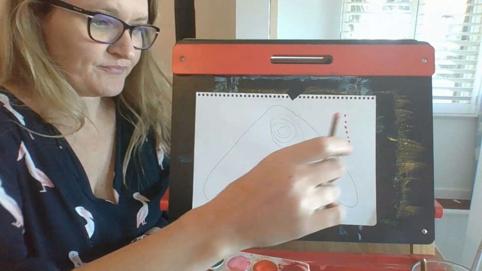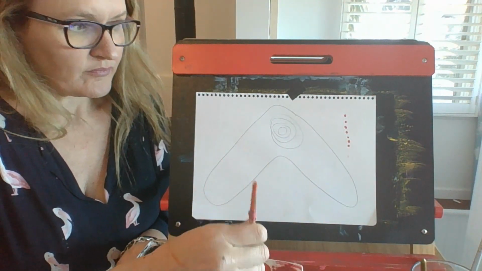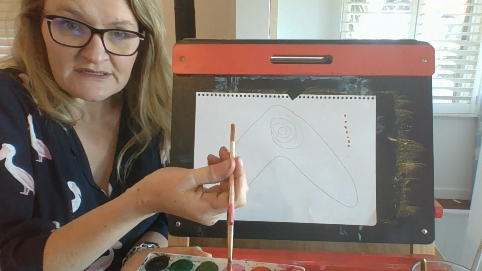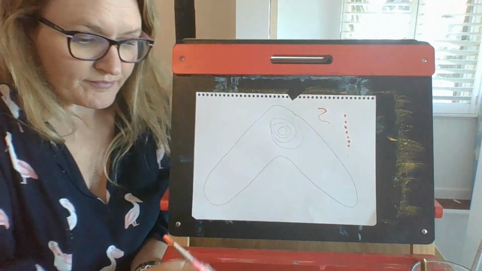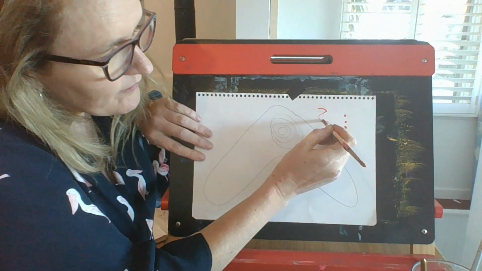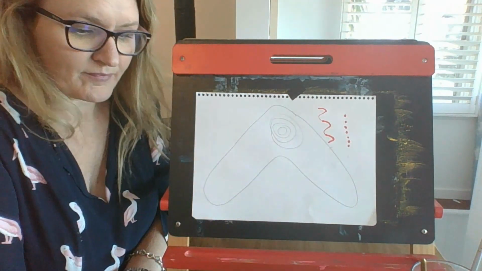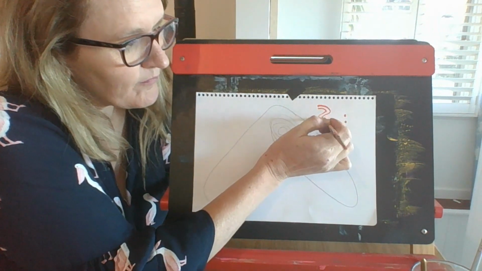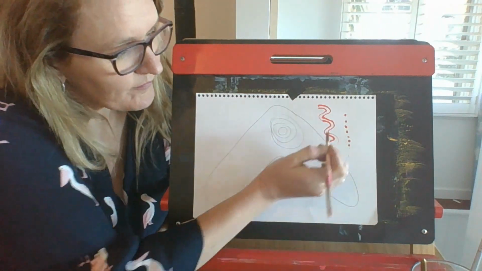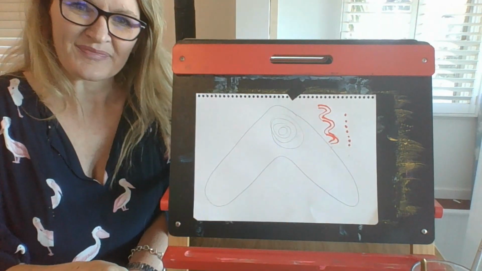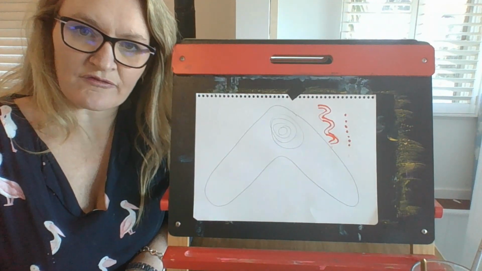Now the next one, and I'll just keep using orange so I don't waste too many colours, is you use the end of your brush still, but to sketch. So they're the two main techniques that you're going to be using now for your artwork.